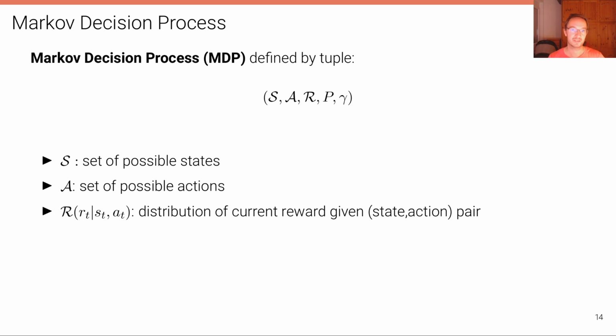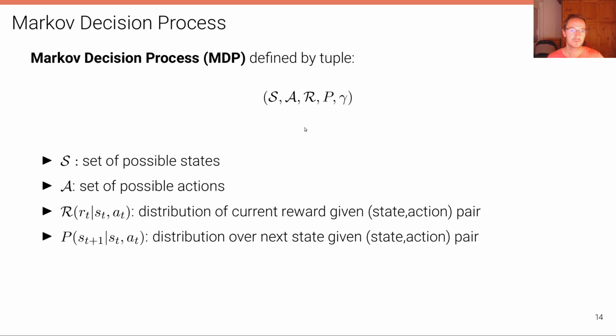Because that could be stochastic, we're going to consider the most general case here: we have a distribution. It could be deterministic, given a state and action, just a function that maps to R, but it could also be a distribution. There could be uncertainty in it, which is often the case, for example, when we have games or uncertain observations due to noise in the measurements, where things are uncertain. So we consider the distribution of the reward given a state action pair.